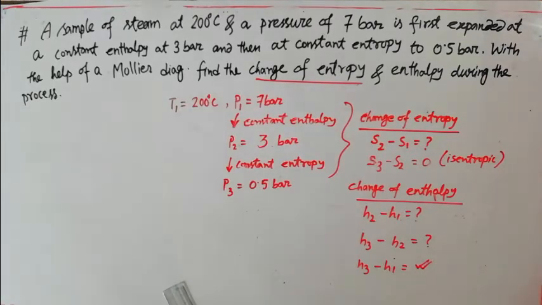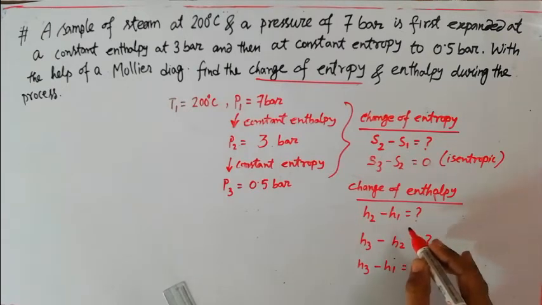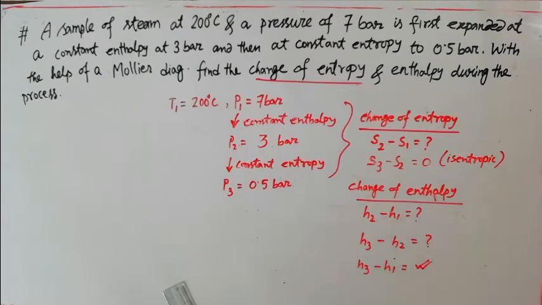That will be the better one to find. If you are asked for the enthalpy drop for each stage, then all of these should be found. But if you are asked for the enthalpy during the whole process, then H3 minus H1 will be the better one to find instead of these two.